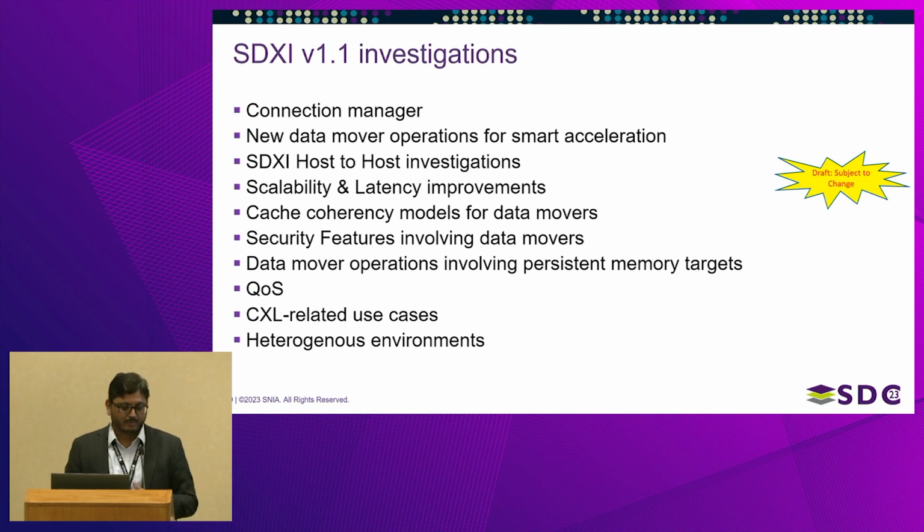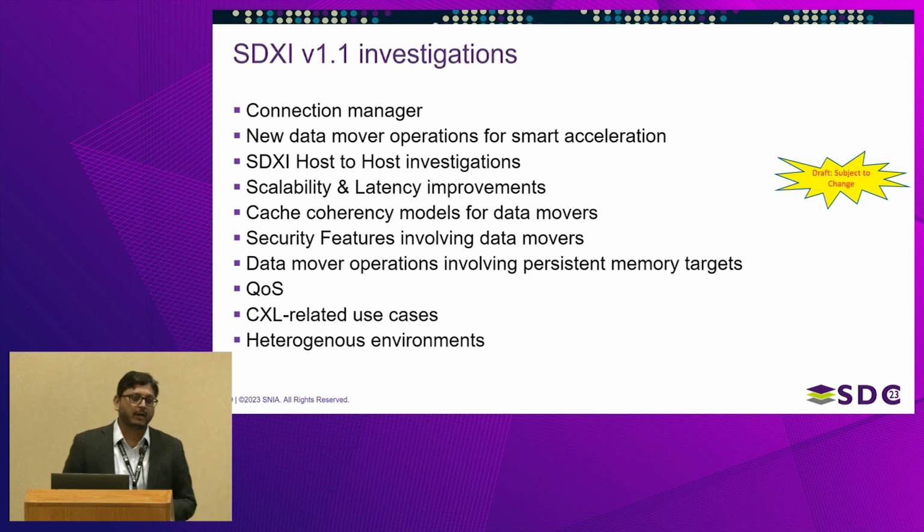We are trying to address some of the scalability and latency improvements that we can actually do, and some security features, not security concerns, security features. For example, if you had confidential memory, like confidential computing has, can you actually use this accelerator to reach from one confidential memory to another confidential memory or within that confidential memory? Those are the kind of things that this accelerator interface is also looking at.